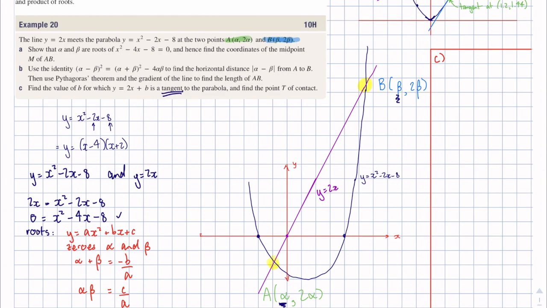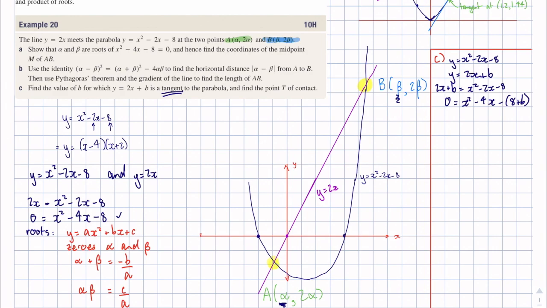So this time we've got y equals x squared take 2x take 8 and y equals 2x plus b. So this time we're saying 2x plus b equals x squared take 2x take 8, which means we've got 0 equals x squared take 4x take, and then I'm going to put this in brackets, 8 plus b, because I just care about the fact that that's like the last one.